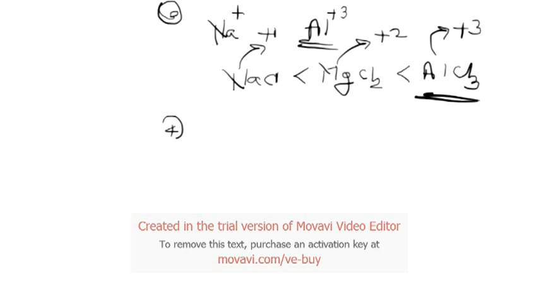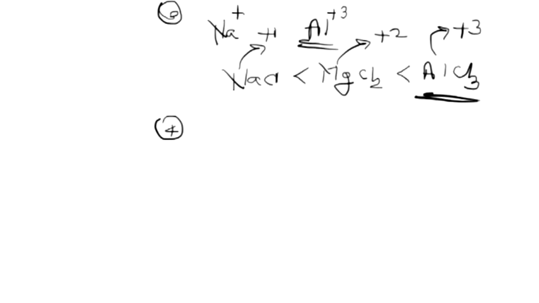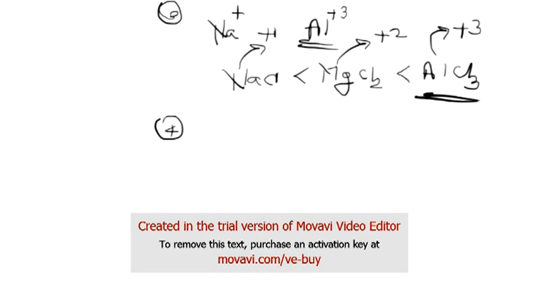Just as you have charge for cations, the same applies for anions also. Any anion with a higher negative charge would always undergo more polarization, and therefore it would always form a more covalent molecule.